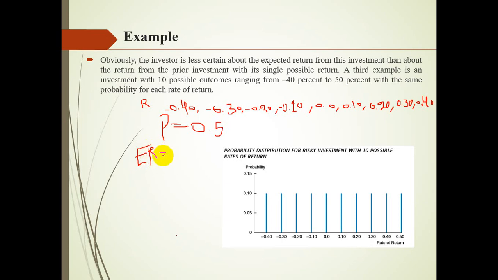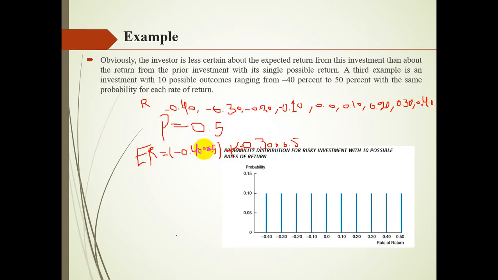I think it is not very difficult, and you can do it by yourself. If you calculate the first one, minus 0.40 multiplied by 0.5, this is what you will get. Plus the next one, minus 0.30 multiplied by 0.5.